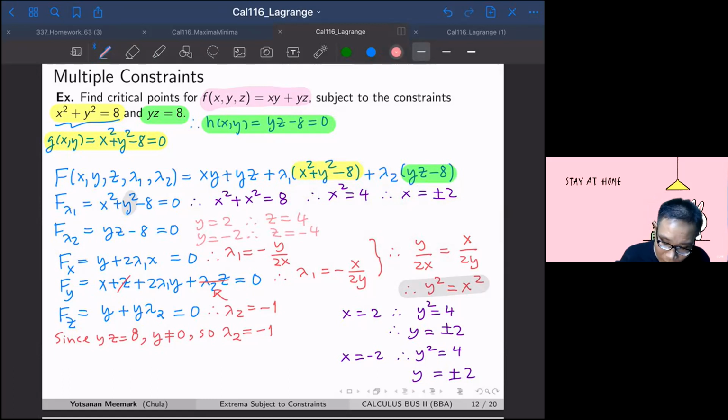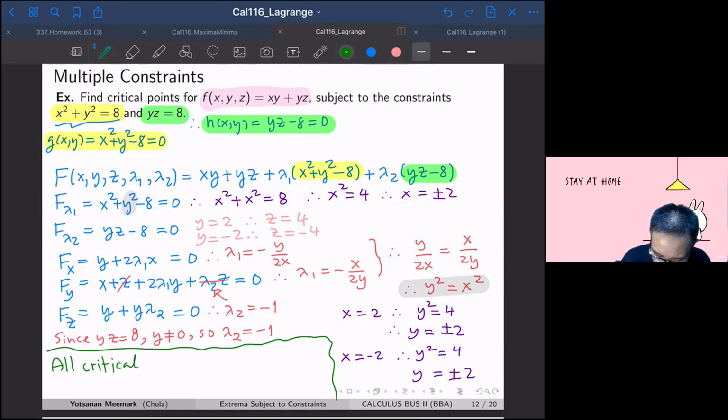So our critical points are, you're going to collect x, y, z.